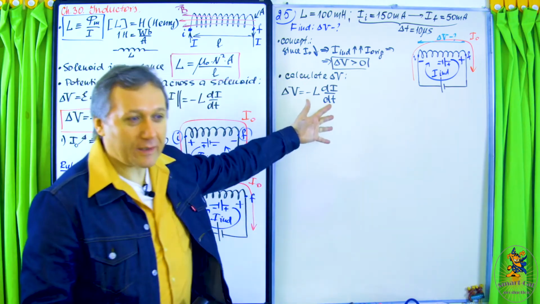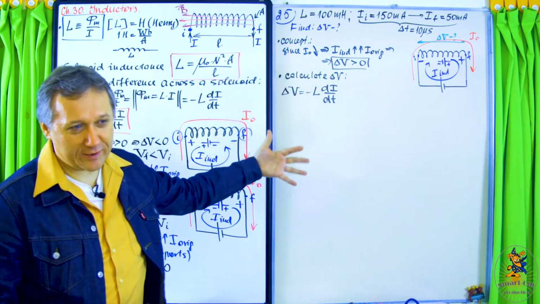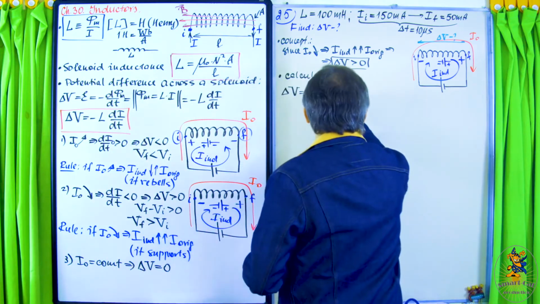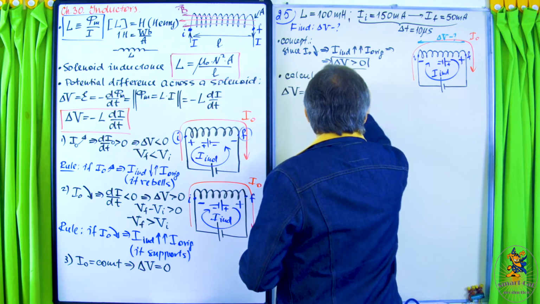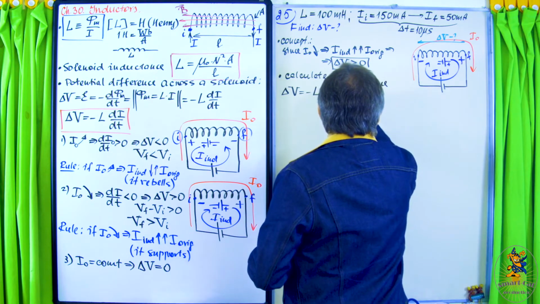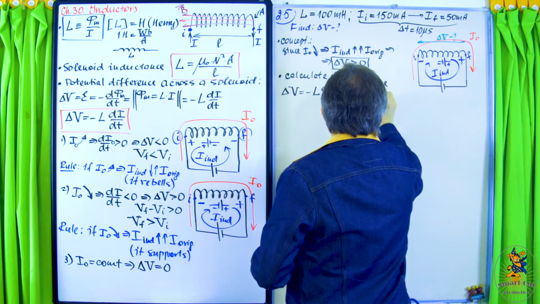So I'm going to write, let's assume current changes linearly. Otherwise, we wouldn't be able to solve the problem. Otherwise, it will be more complicated. So I will open my explanation box and write, assume I changes linearly.